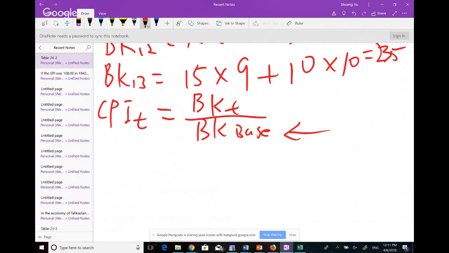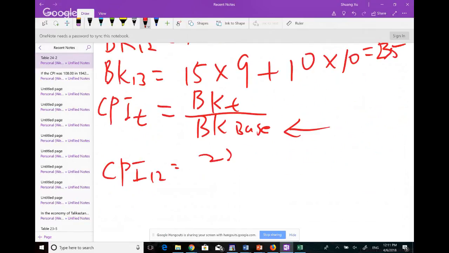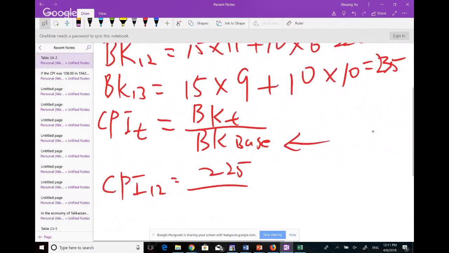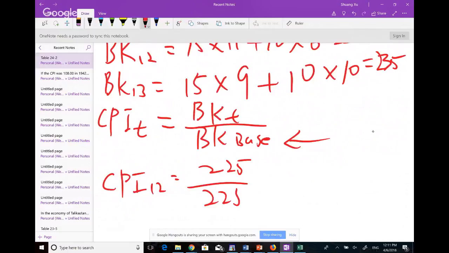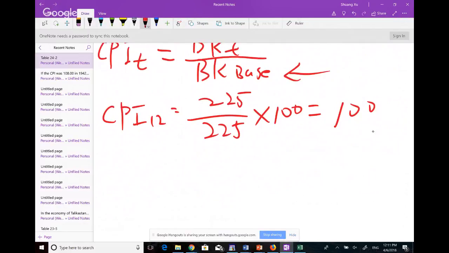This always stays constant. So for the CPI for 2012, we're going to do the basket value for 2012, which is 225, divided by the basket value for the base year, which is also 2012, 225, times 100. So the base year CPI is 100, and this is always true: for any CPI, the base year is always 100.